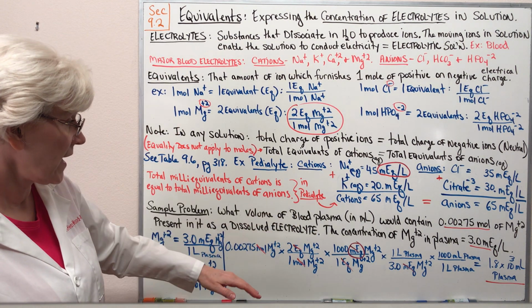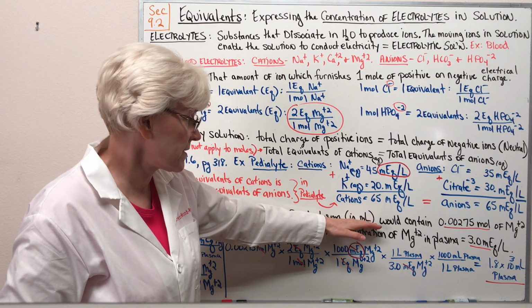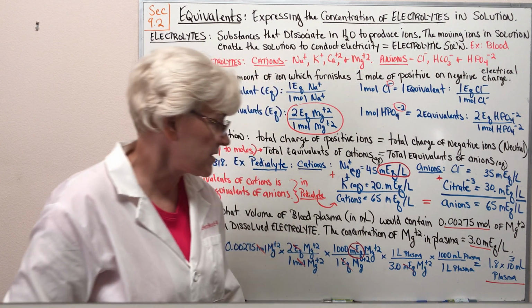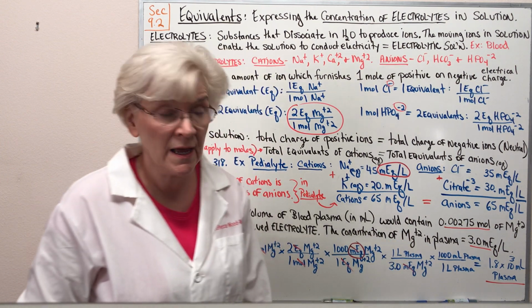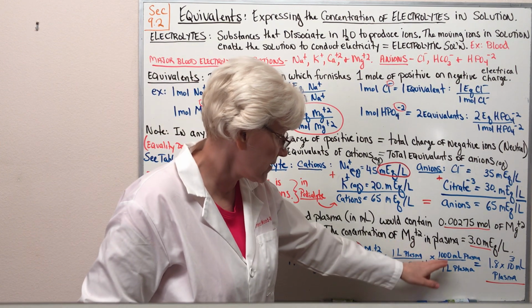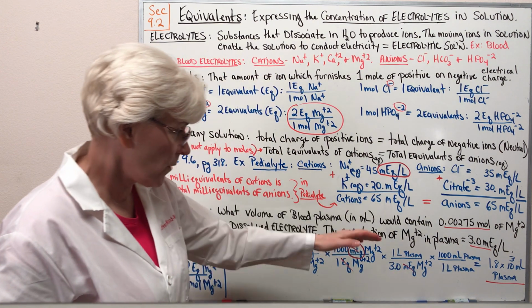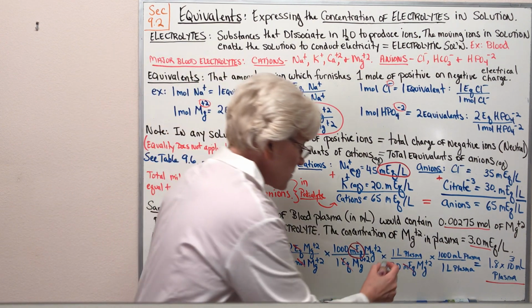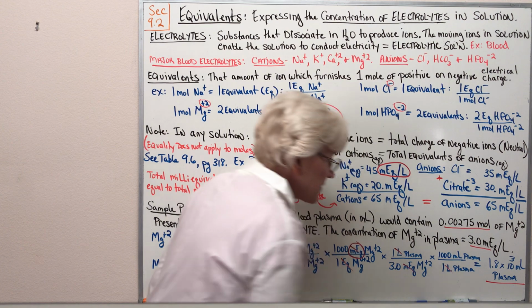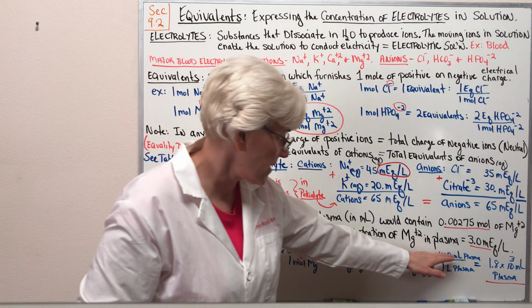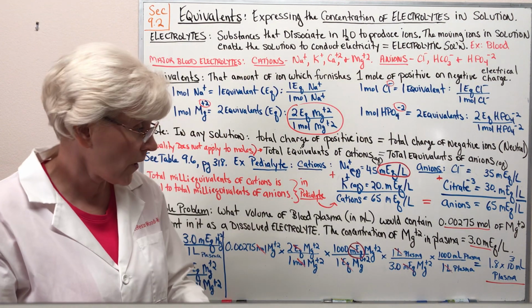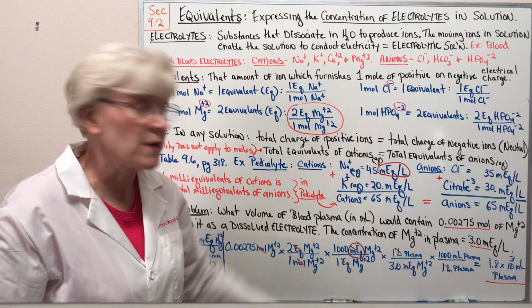But we need our answer to be in milliliters. So the last step of this problem, we've done this many times, is to convert from liters to milliliters. 1,000 milliliters is equal to 1 liter. Our liters cancel, and we have a unit of milliliters for our final unit, which is what we're asked to solve for.